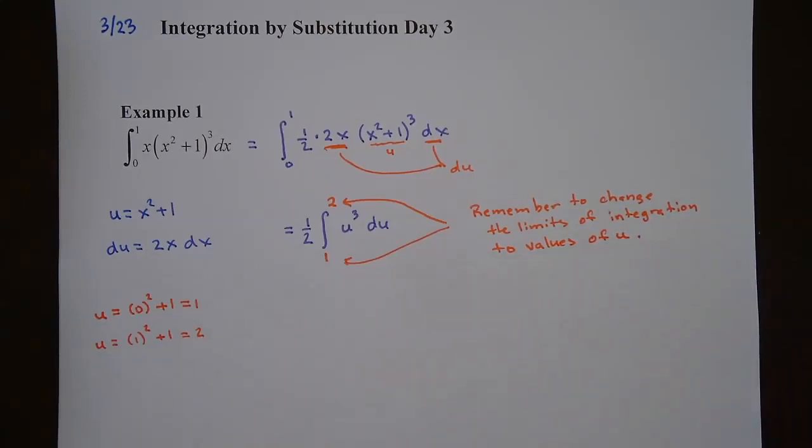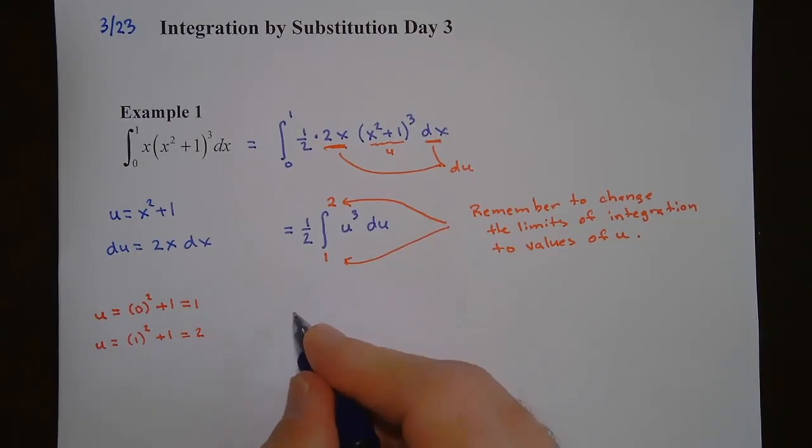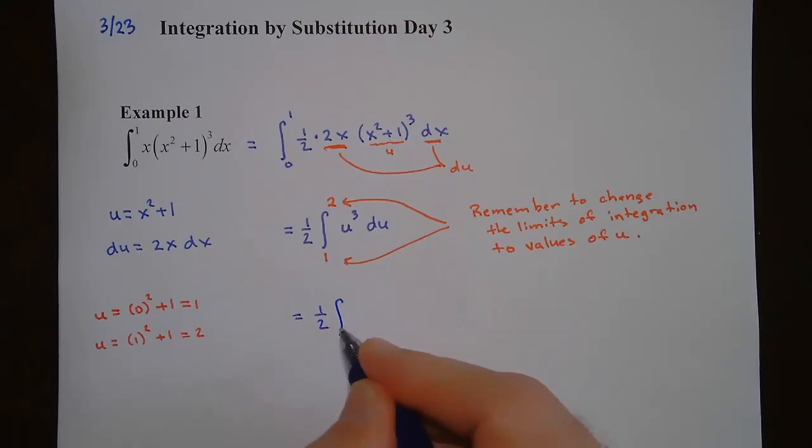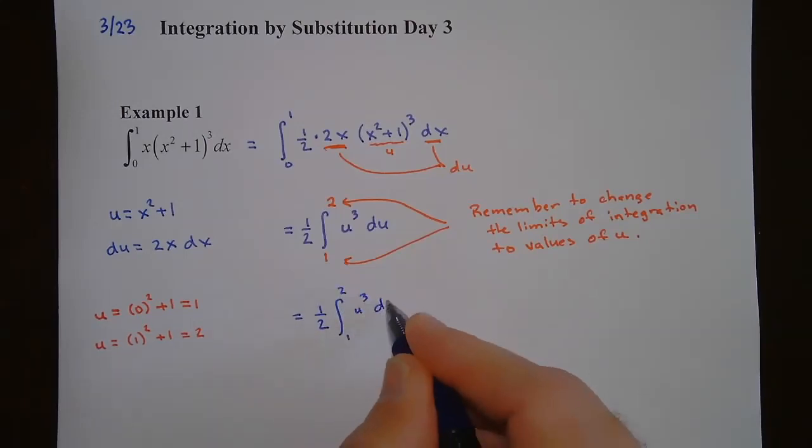Okay. All right, so I'm trying to use color to help you see everything, okay? All right, so now I'm just gonna rewrite this, okay? So this becomes 1/2 times the integral from 1 to 2 of u cubed du.